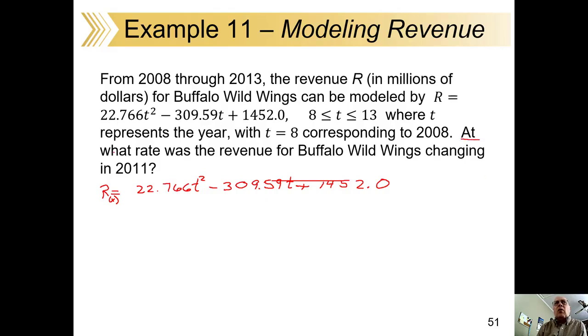At what rate was the revenue changing? Rate immediately should say to you, I think we're back in calculus class again. So the first thing you want to do is find the derivative of the revenue, r prime if you like.